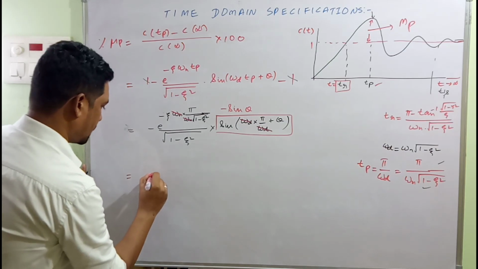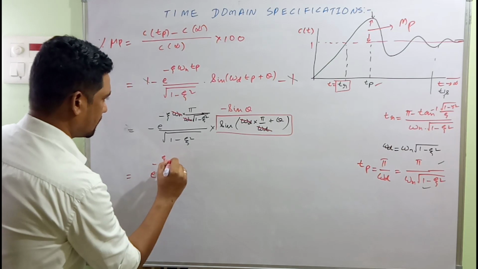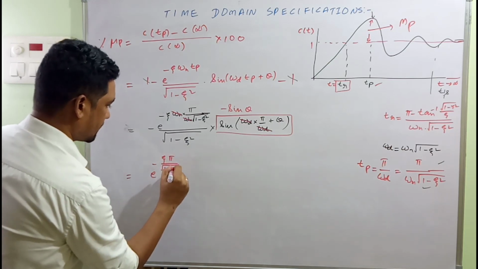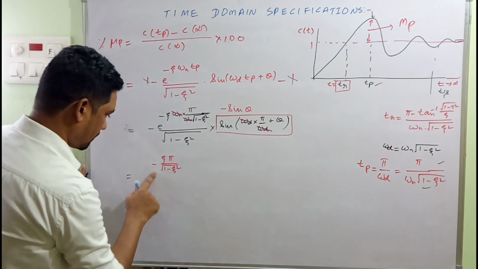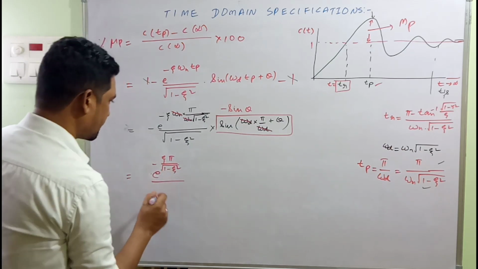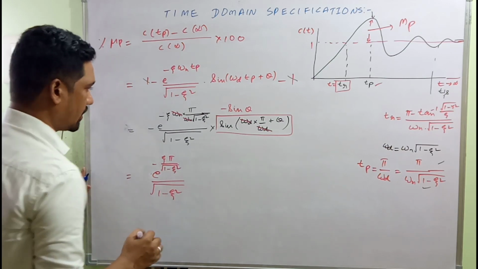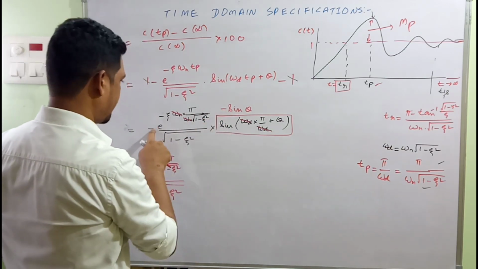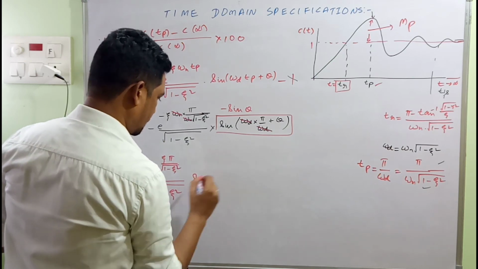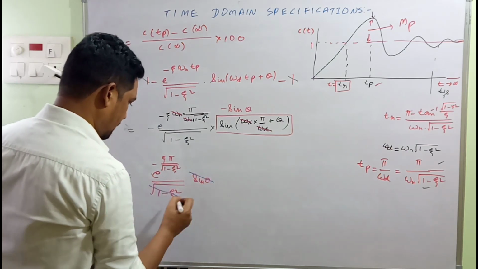So we'll be having e raised to minus zeta pi by under root 1 minus zeta square in the exponential power. Okay, don't get confused, it may be crooked, please don't mind. And this negative came out, right? And so we have sine theta. One more simplification over here: this sine theta and this sine theta get cancelled.